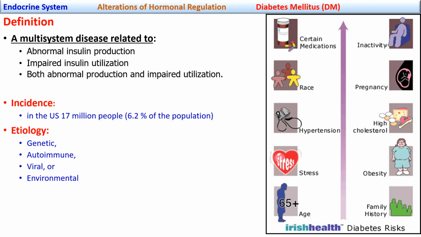When we say autoimmune, it's most likely type 1, while genetic can be type 1 or type 2. There are also viral infections, especially affecting the pancreas, and environmental factors like obesity and stress. There are certain medications that may precipitate the onset of diabetes.